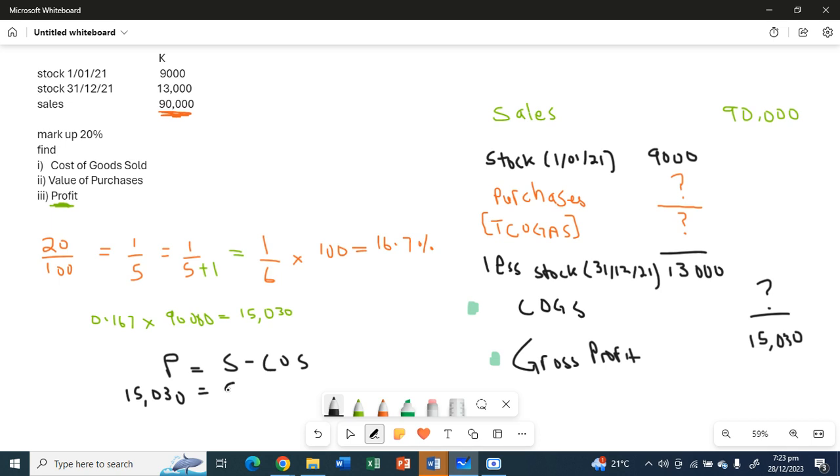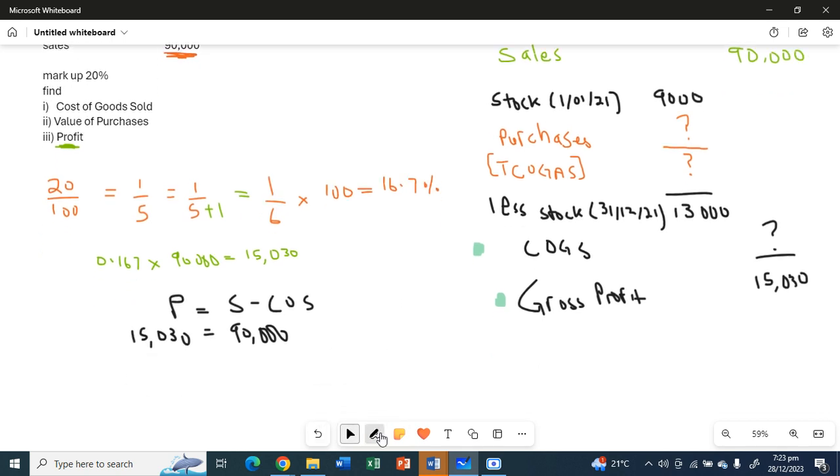We already have our sales of 90,000. So we need to tabulate our cost of goods sold, which is X. So we say minus X. If you take this negative X over the equal sign, it becomes positive X.